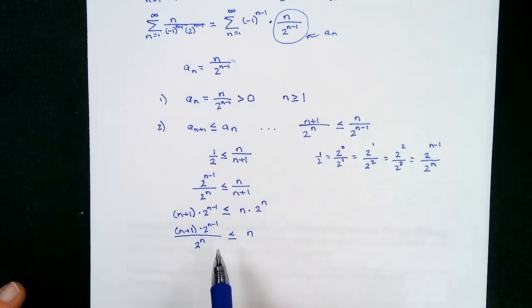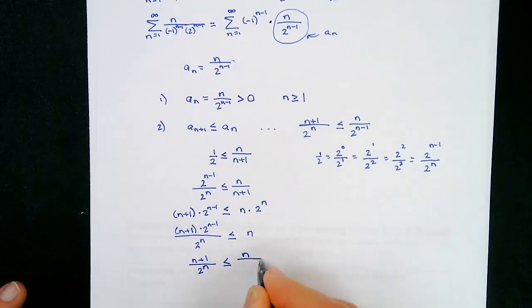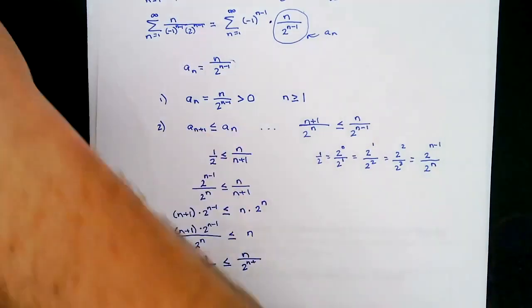And then I can multiply both sides by 1 over 2 to the n minus 1, because these are also positive. And then we have n plus 1 over 2 to the n is less than or equal to n over 2 to the n minus 1 power.